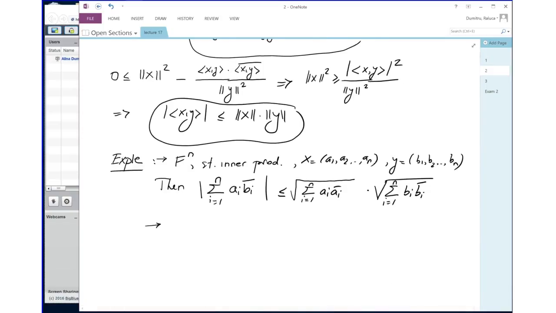Let's look into matrices with the Frobenius inner product. What does Cauchy-Schwarz become?